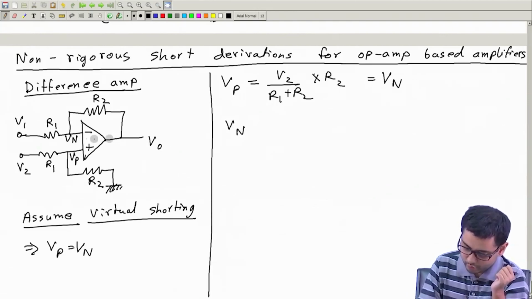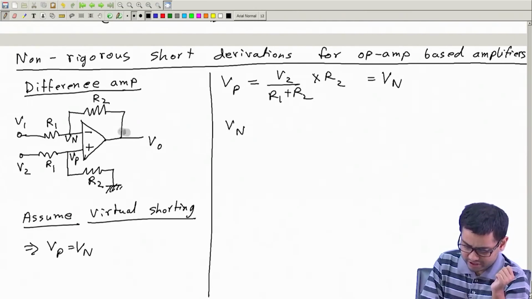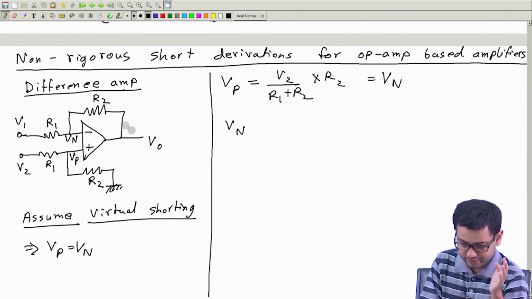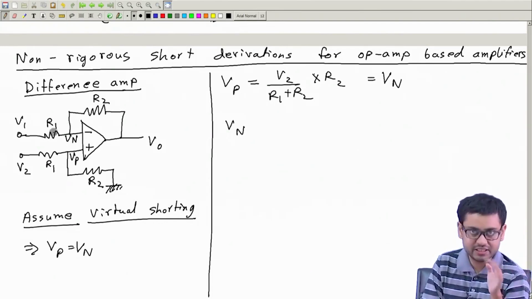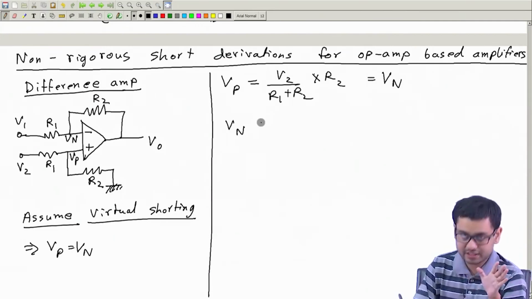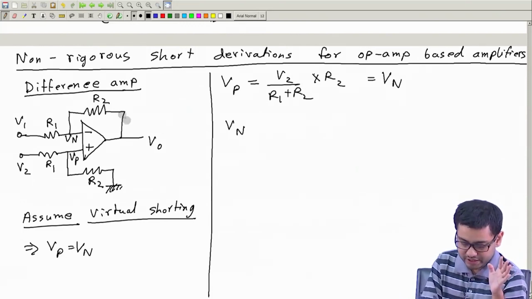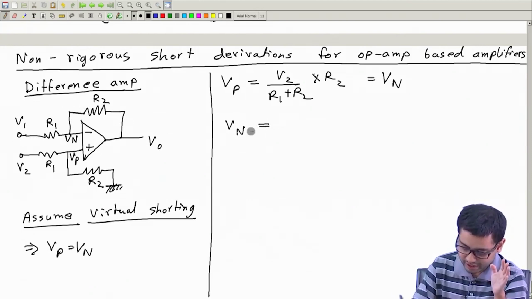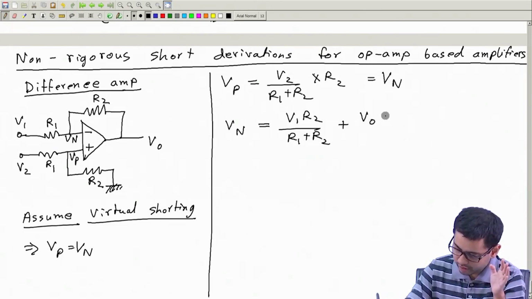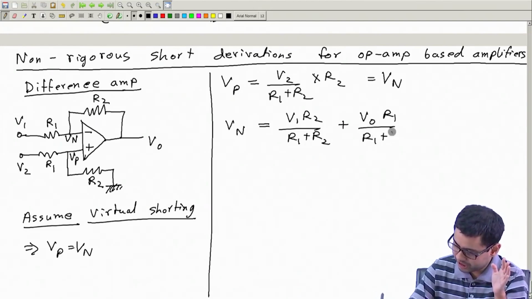Vn is nothing but, once again, a kind of potential divider rule or Millman's theorem, if you know, or you can find the current and then multiply the current with resistances to get this drop, and then what you will find is this. Applying circuit theory in this part, you can find that this is nothing but equal to V1 multiplied by R2 by R1 plus R2 plus VO multiplied by R1 by R1 plus R2.